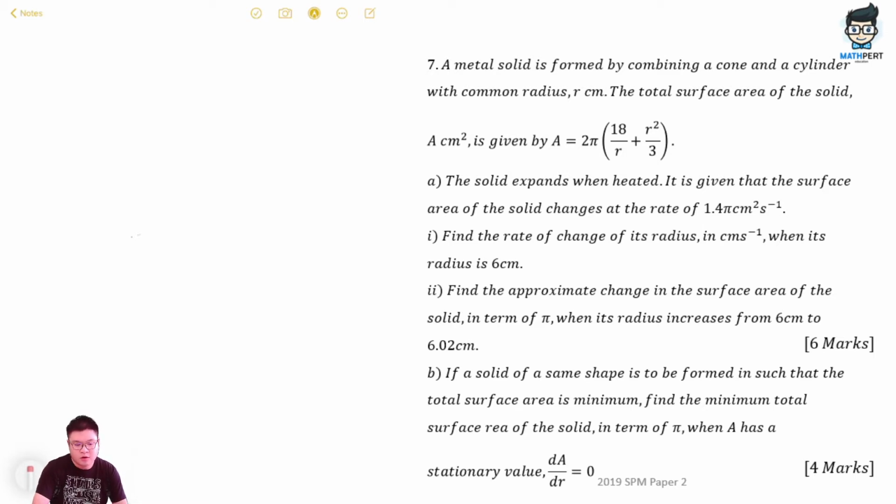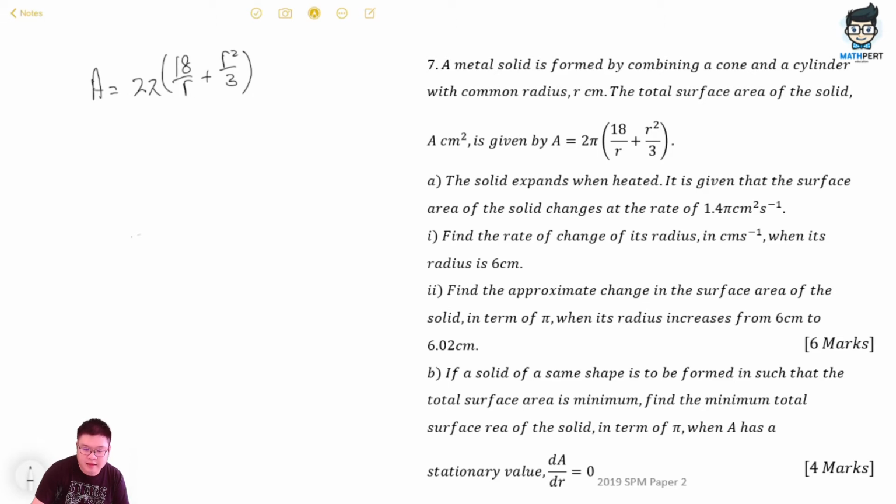Alright, so we are given the surface area formula: A equals 2π(18/r + r²/3).